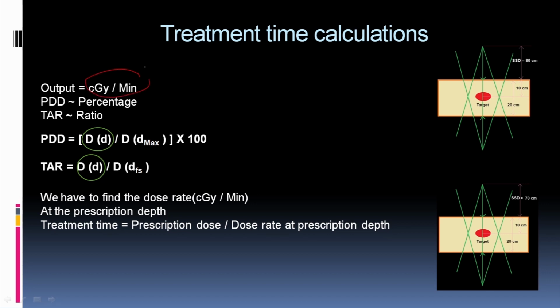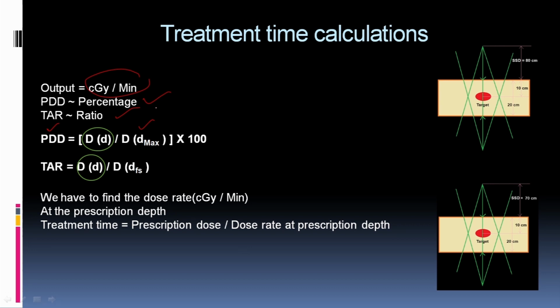So this is the output. Now, PDD is expressed in percentage, and TAR is a ratio. We know the PDD value from the table, and we know the output of the machine for that particular field size.